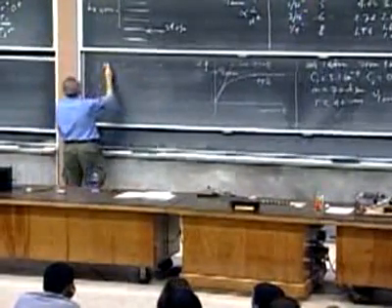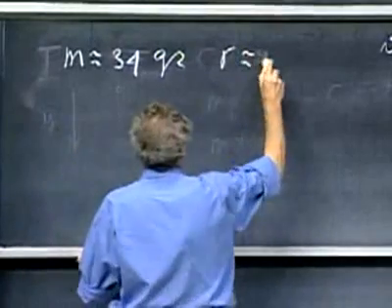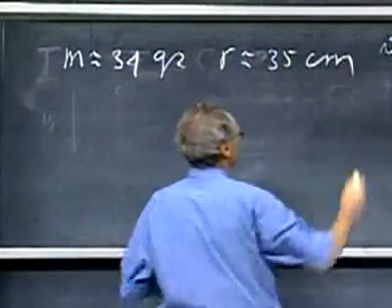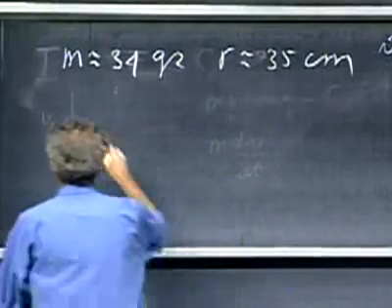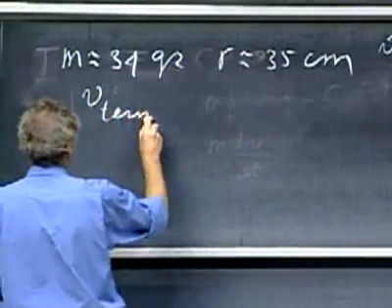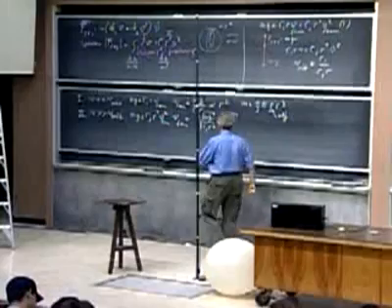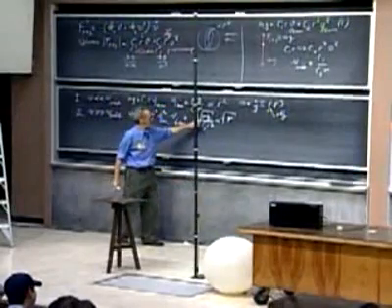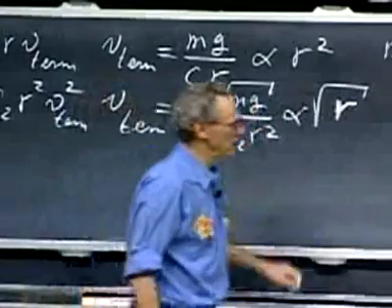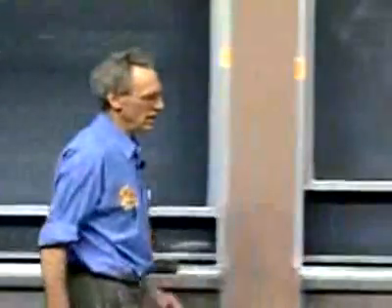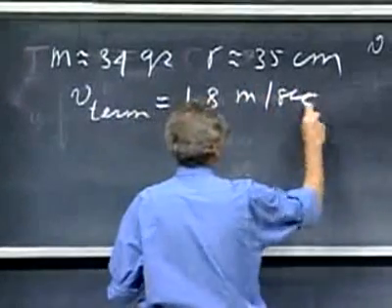The mass is about 34 grams and the radius is about 35 centimeters. It's about 70 centimeters across. I can calculate what the terminal velocity is. A better name would be terminal speed. I know I'm definitely going to be in this regime. So I know the mass, I know C2, which in air is 0.85, I know the radius and I know g. And so I find about 1.8 meters per second.